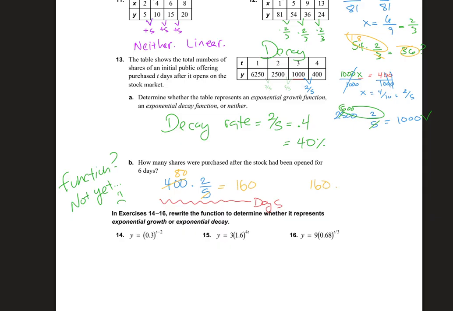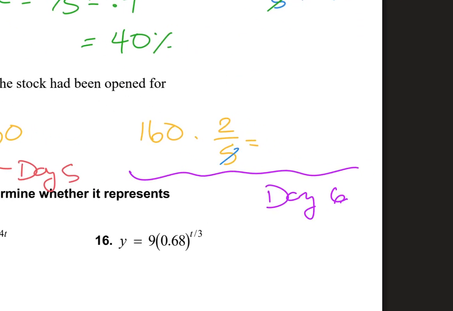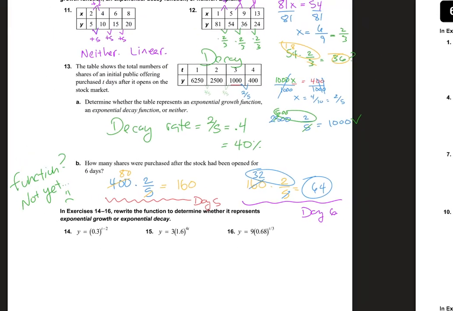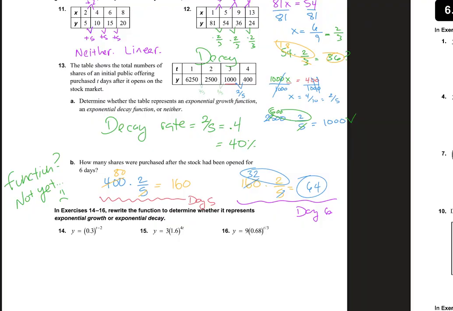Take 160 and multiply that by 2/5, and this will represent day 6, which is what we're after. So check this out. 5 goes into that, let's see, 32 times. 32 times 2 is 64. So after 6 days, it's worth 64.